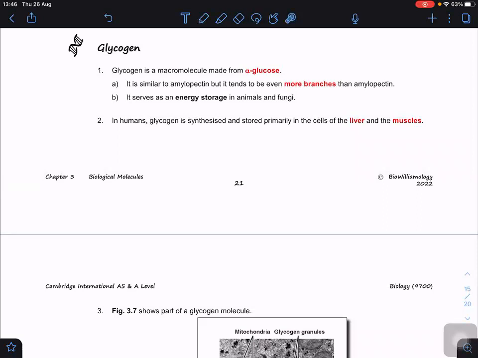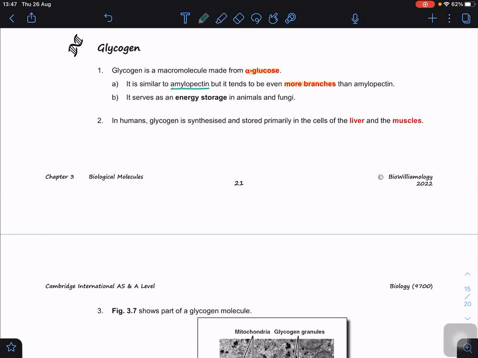So the next polysaccharide after starch, we're going to look at glycogen. Glycogen is also made from alpha glucose. In terms of structure, it is very similar to amylopectin, but it tends to have even more branches than amylopectin.